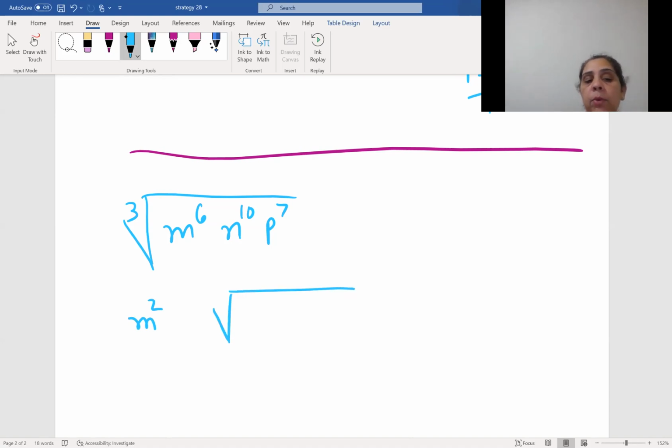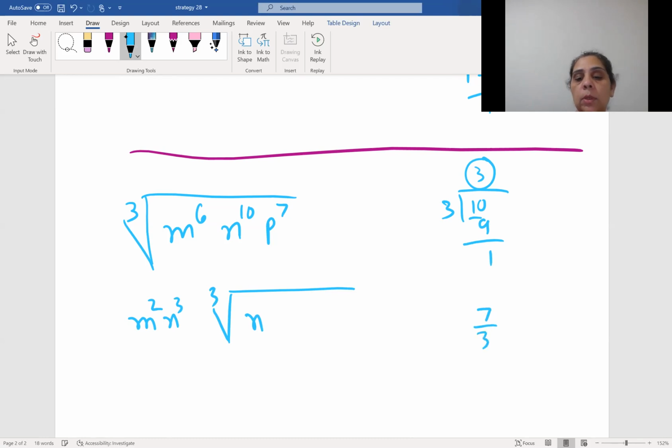We will not get any leftover. 10 divided by 3, so 9 and 1 leftover. So we have power 3 goes out, and inside we will get n to the 1 power, and we have cube root. Now we have p to the 7th. How many 3 goes in 7? 2 times, 1 leftover. So p squared you will get out and 1 p inside. And that's it.